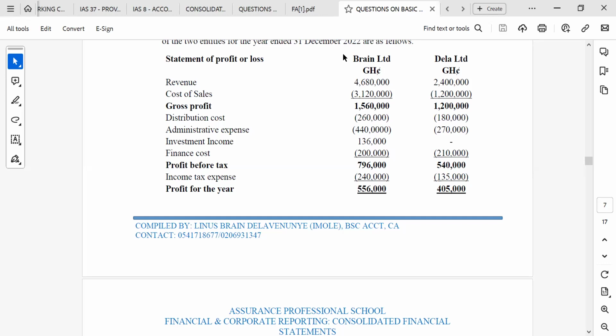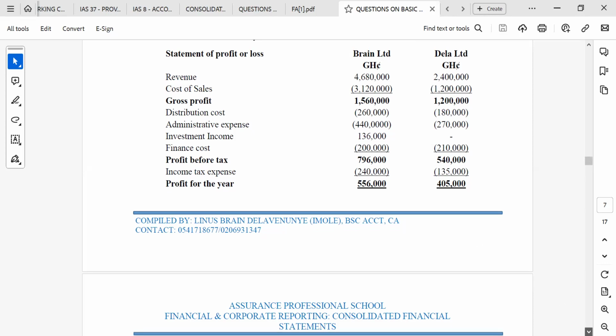So the dividend of that particular portion should not be in profit or loss, but the dividend received from an associate should be treated as investment income, because our investment in the associate is just like a normal investment. We are not the owners. So dividend from investment in an associate is treated like a normal income, which would be in profit or loss. But dividend from a subsidiary that we are the majority owner of will be a statement of changes in equity item.